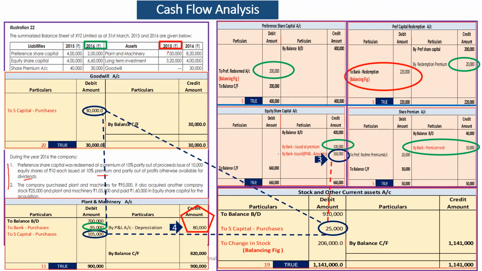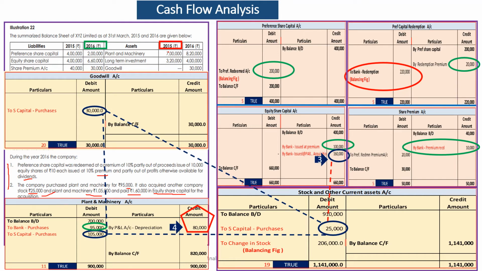Number two, company purchased plant and machinery 95,000. It also acquired another company's stock 25,000. Machinery purchased 1,05,000, paid 1,60,000, and it paid by issuing equity share capital.